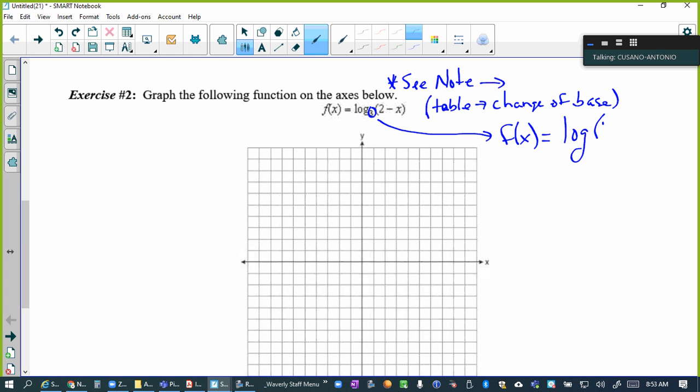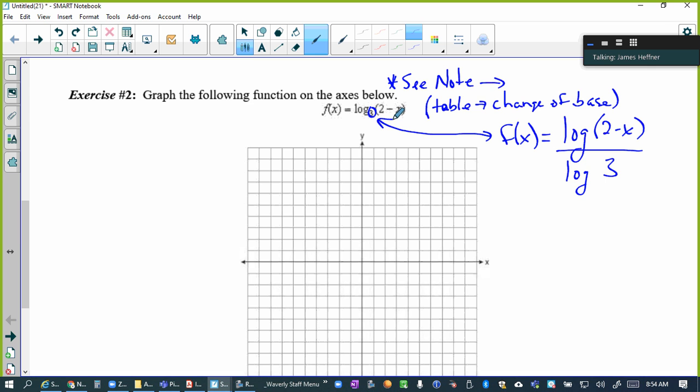Log of 2 minus x over log of 3, and those are both base 10, right? So that function they gave you and this one I gave you with the change of base are equivalent, okay? They will give you the exact same graph and the exact same table of values. But the one I gave you now uses log 10, if your calculator only does base 10, okay?